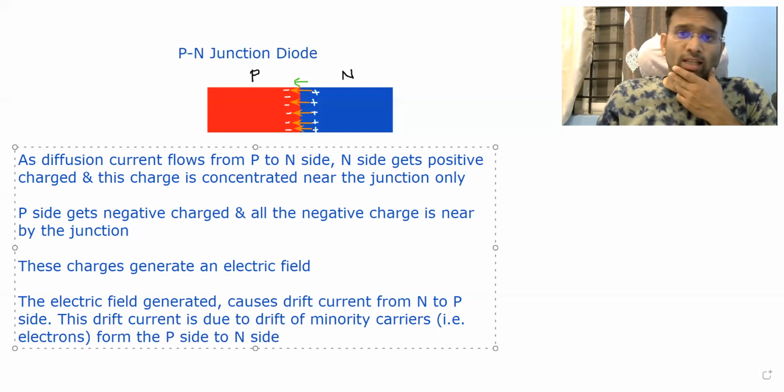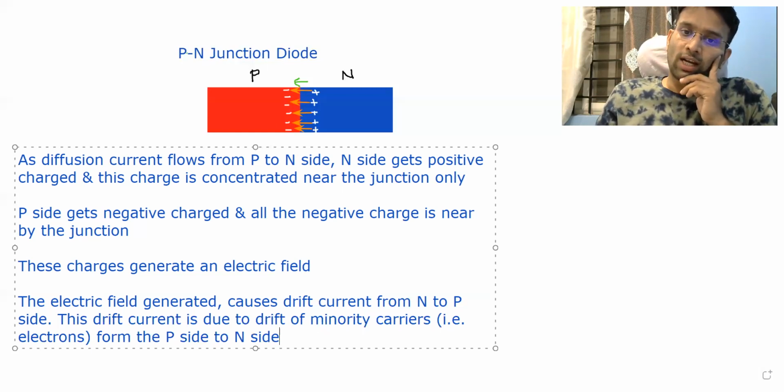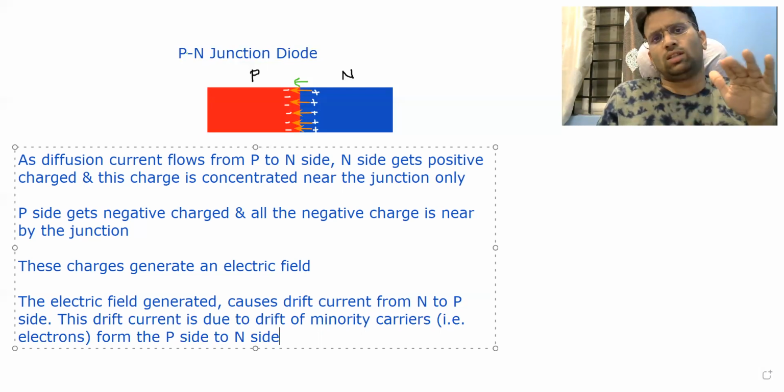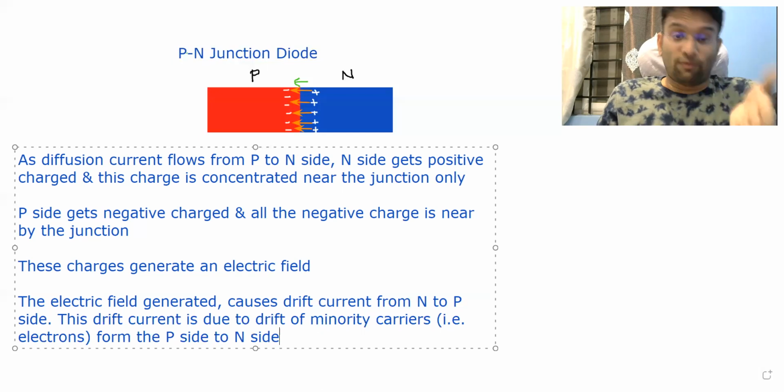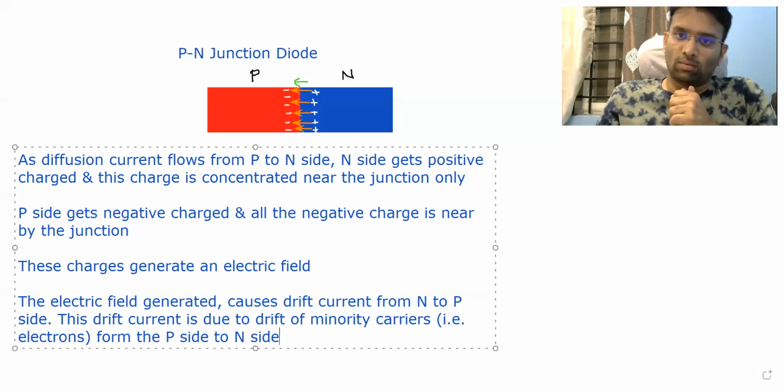So the minority carriers that are electrons on the P side, they jump to N side, and as electrons go from P to N side, you can say the drift current is from N to P side. It's a very easy thing. So diffusion current is from P to N, drift current is from N to P.